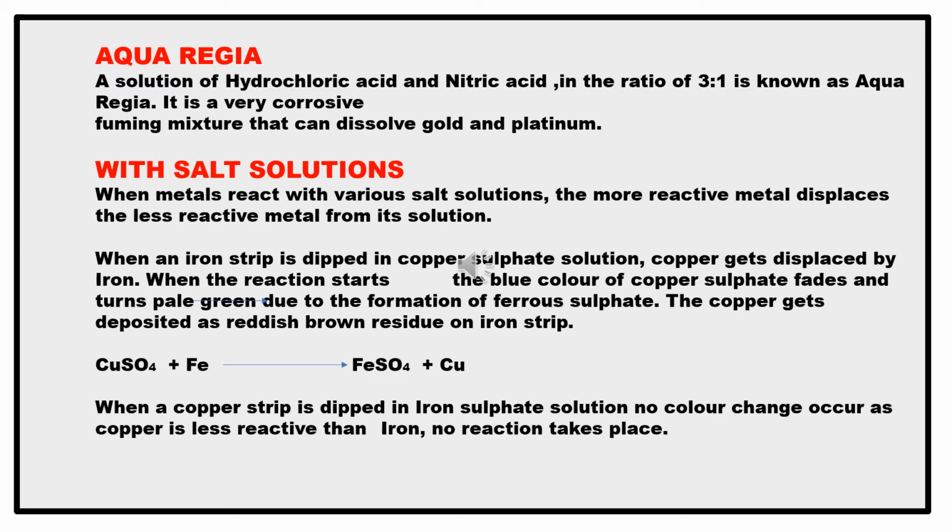this metal can dissolve, and that liquid is known as aqua regia. So let's see what is aqua regia. A solution of hydrochloric acid and nitric acid in the ratio 3:1 is known as aqua regia, and this liquid is a highly corrosive fuming mixture, and this mixture can dissolve gold and platinum.